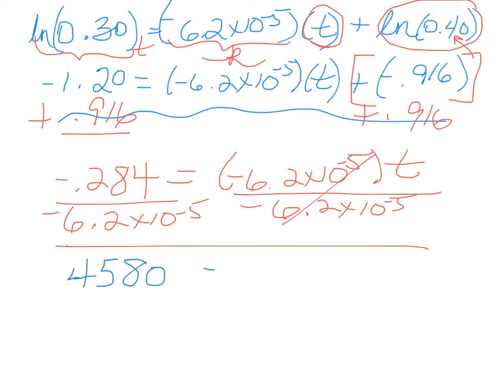4,580. What are the units for time in here? I kind of left them out of here just for simplicity, but they were seconds. And so let's say that I was asking you for hours. So of course you would just convert that to hours. If you're converting it to minutes, you divide by 60.